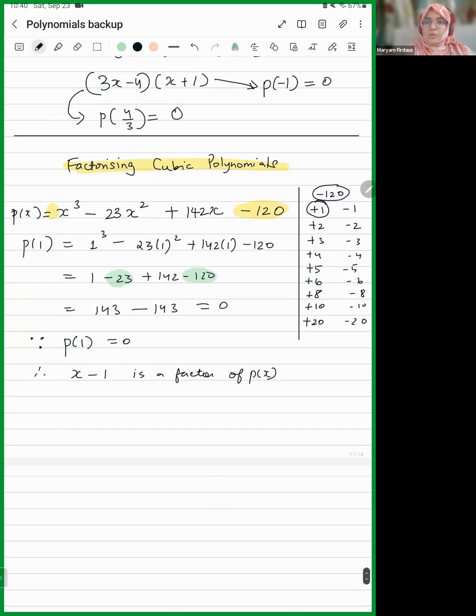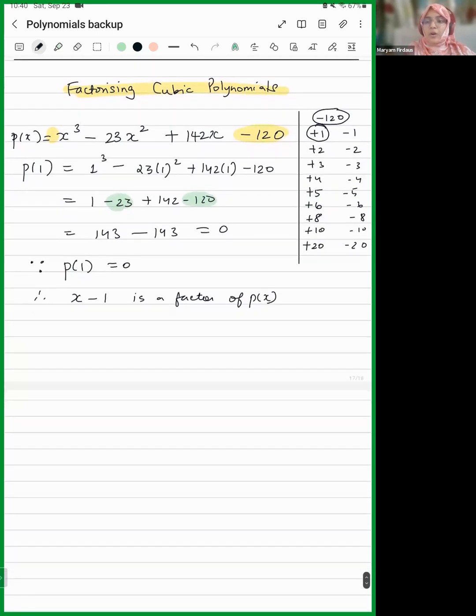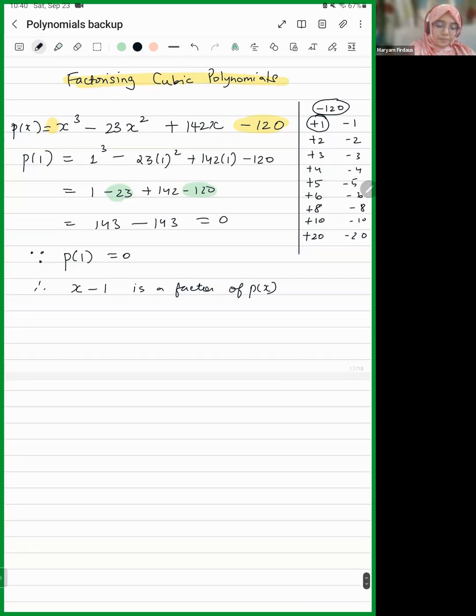But some students find it a little difficult, so we will do the long division method, which is very easy. Even though the long division method is deleted from your syllabus, we will still do it through that, because that is essential for factorizing. Without that, you will not be able to factorize.